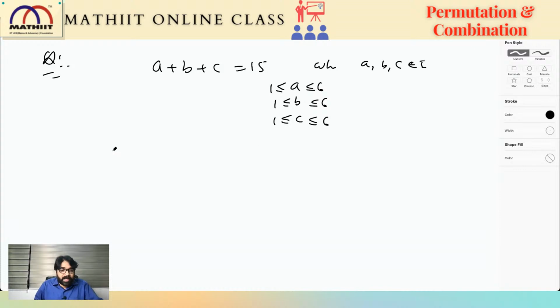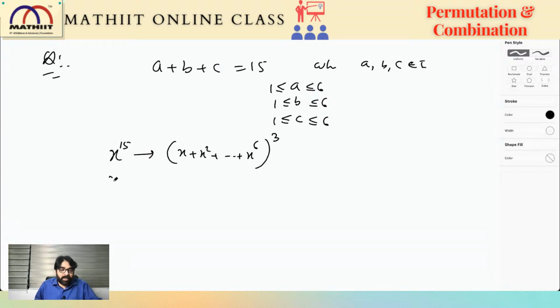So what we will say is: the coefficient of x power 15 in group 1 condition, which starts from 1 and has a maximum of 6, means x plus x square and so on till x power 6. B has the same condition, C has the same condition, all to the power 3.